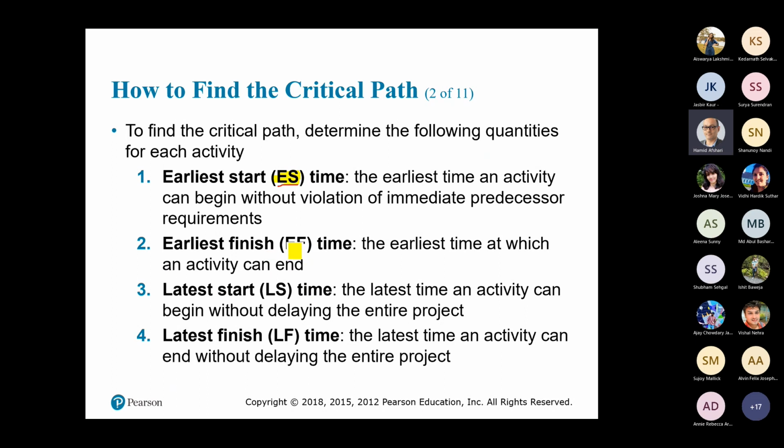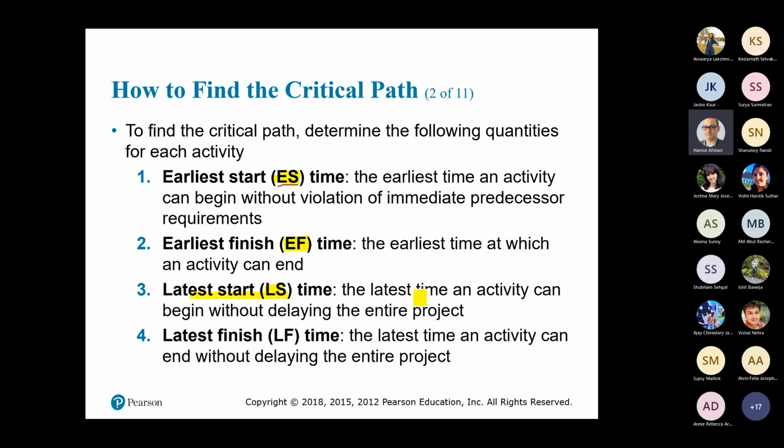Then we have earliest finish, or EF. The earliest time at which an activity can be ended, the earliest time that an activity can be finished. We are all talking about individual activities. Number 3, the latest start time, or LS.